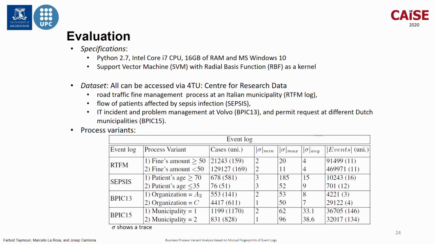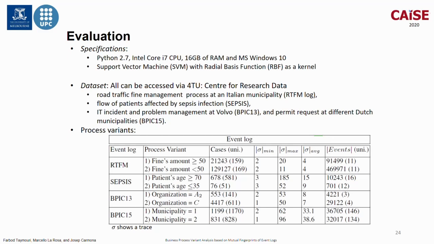The Sepsis event log contains the flow of activities that patients with sepsis must follow when they are admitted to a hospital. We created 2 process variants based on the patient's age, i.e. equal to or older than 70, and equal to or younger than 35. For BPI 13, we created 2 variants for 2 organizations, A2 and C. We selected these 2 organizations to have a common ground for comparison with the baselines.